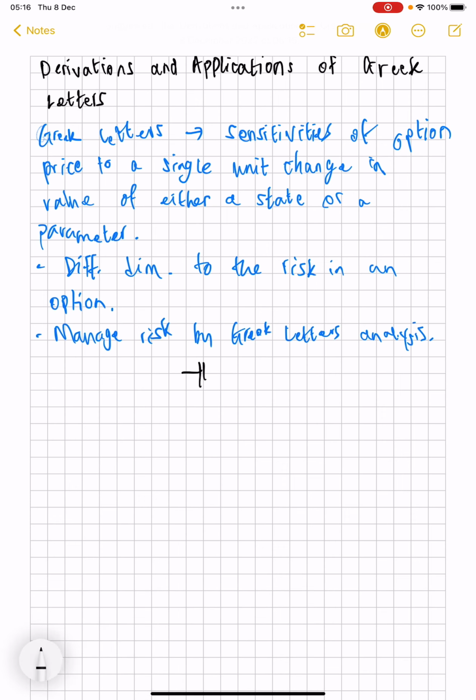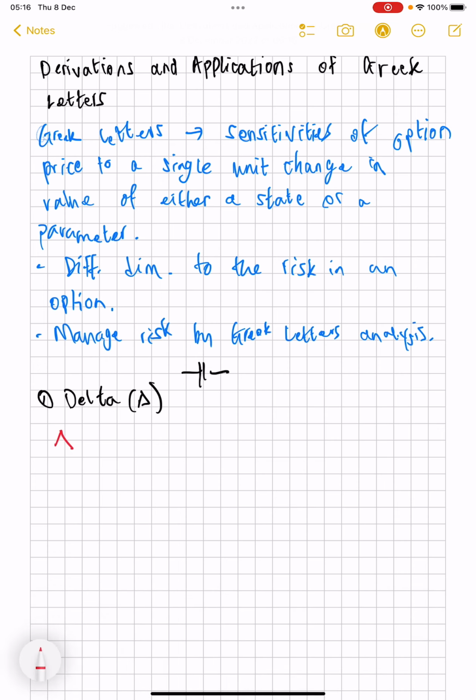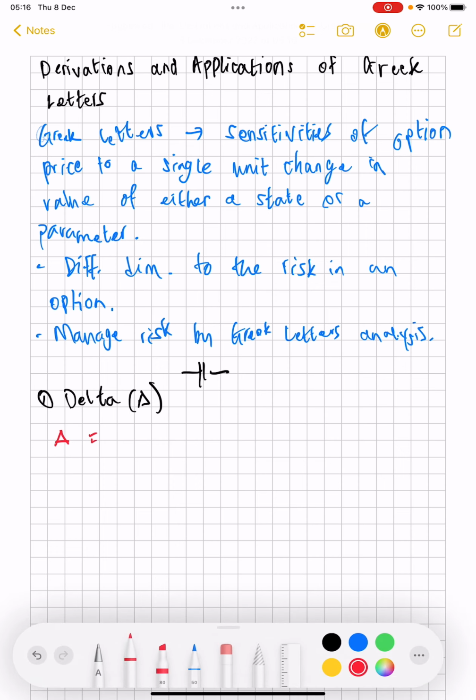We're going to have a look firstly at the delta. Okay, so the delta, I'm going to write that properly. A delta is the rate of change of the option price with respect to the rate of change of asset price.